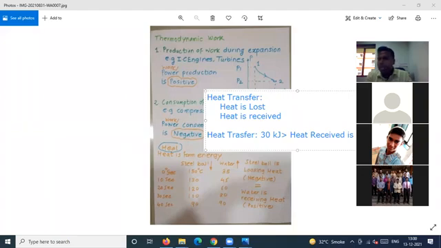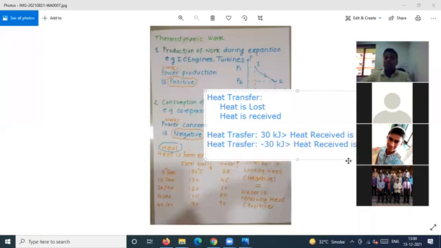Now see, heat transfer is 30 kilojoule, that means heat received is 30 kilojoule. In the similar manner, if heat transfer is minus 30 kilojoule, then heat lost is 30 kilojoule, because the minus sign indicates a loss. You should never say heat lost is minus 30.